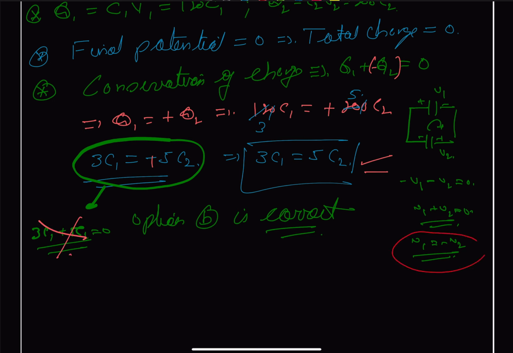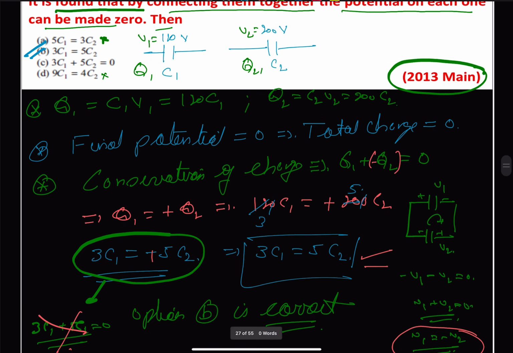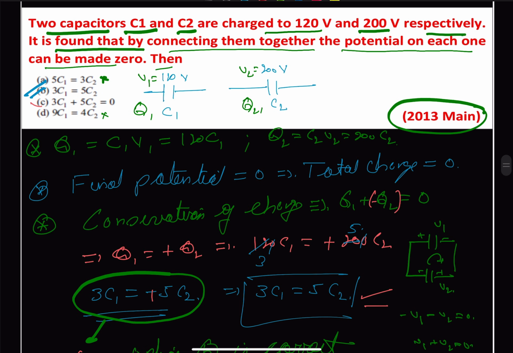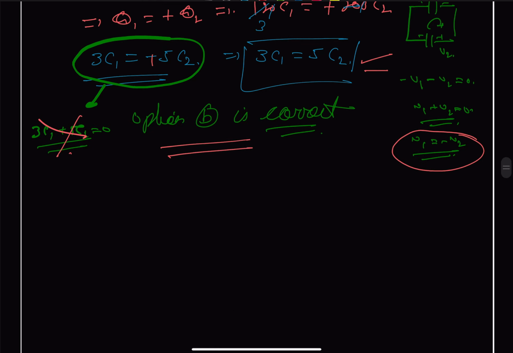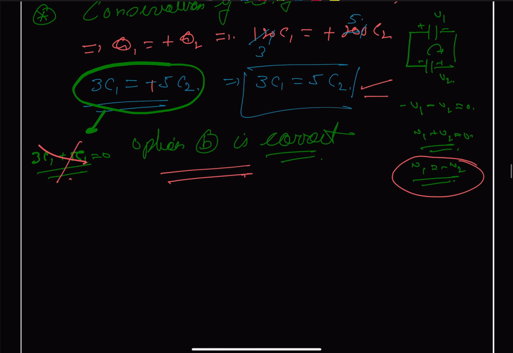Because V1 is equal to minus of V2, the charge polarity will be reversed. So we have to take care of that, because then this option is incorrect and this is also incorrect. So option B is the only correct option. That was a mistake on my part.